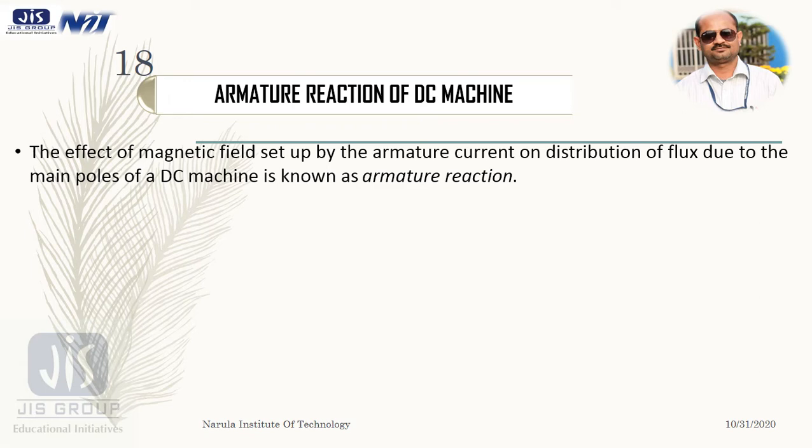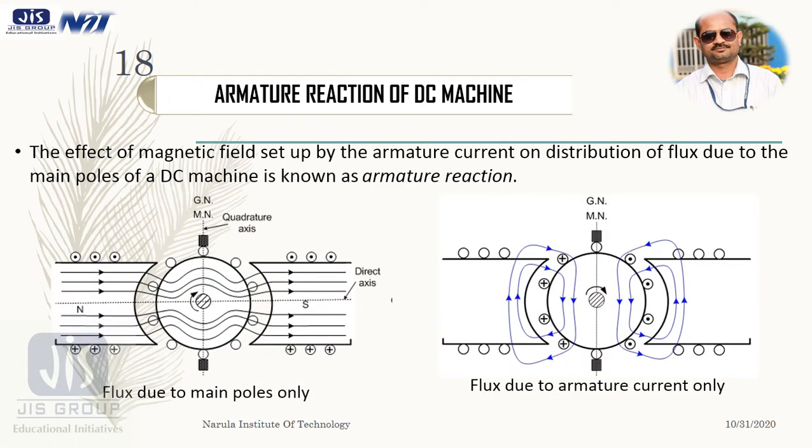So the effect of field set up by armature current on the distribution of main field flux is known as armature reaction. Okay, so this is flux due to main pole. This is the north pole and this is the south pole, and this is my armature and these are my armature conductors.